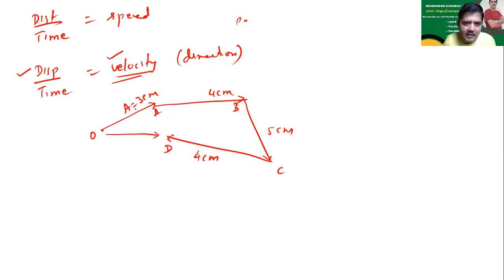If you want to add the 1st, 2nd, and 3rd vector, then I'm going to draw a line like this over here. This will be your resultant vector. But if I want to add 1, 2, 3, and 4 vectors, then this will be my resultant line. Thus, we have got the resultant over here, right? So thus we get the displacement divided by time, and this gives you the velocity.